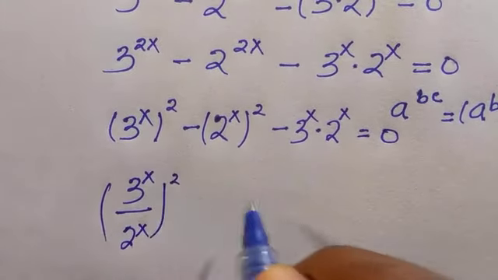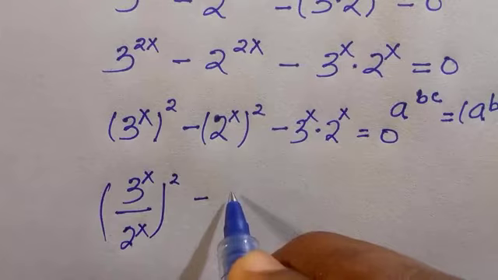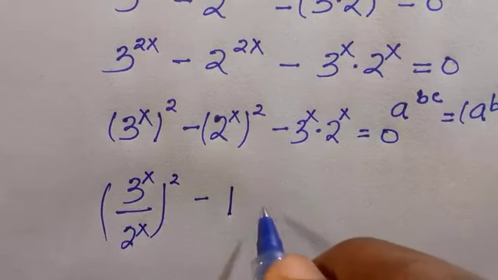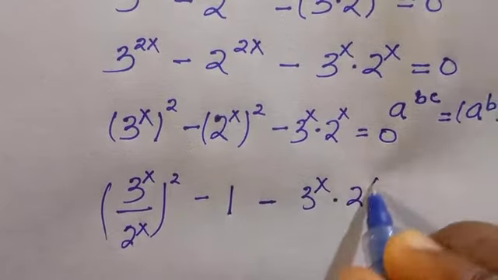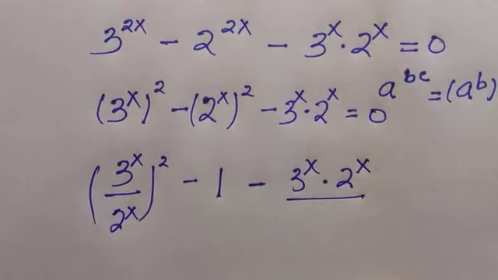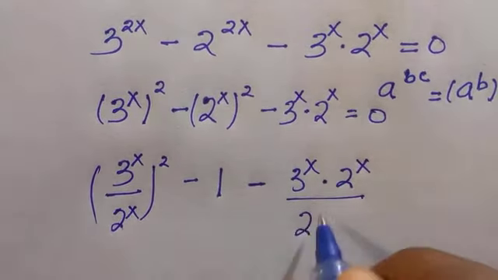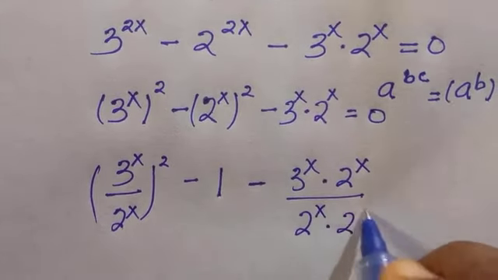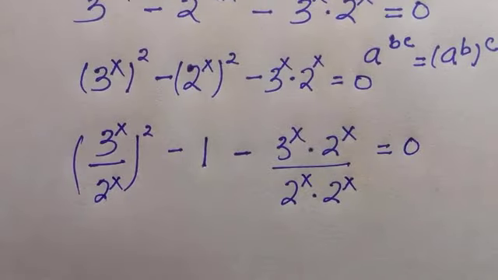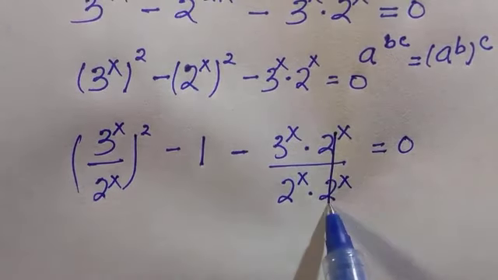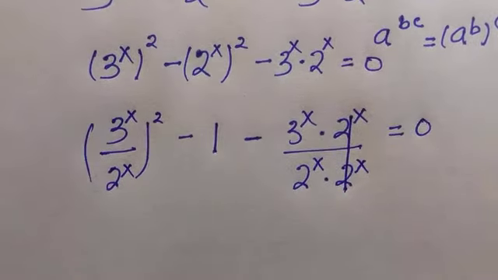Then I raise both by square, and here it becomes 1, and for this it is minus 3 raised to power x dot 2 raised to power x, while we divide it by 2 raised to power x dot 2 raised to power x equals 0, because 2 raised to power x raised to power 2 can also be 2 raised to power x dot 2 raised to power x, and this cancels.